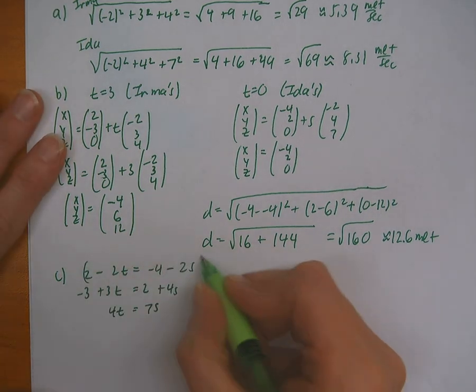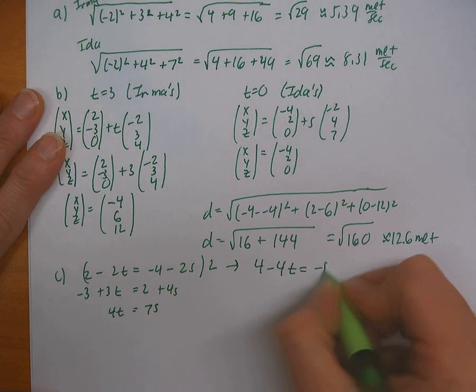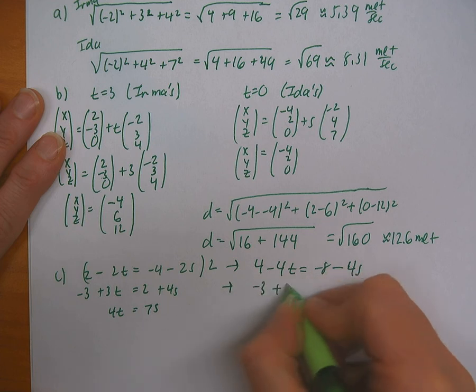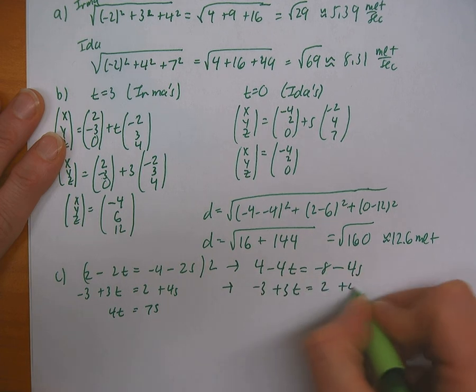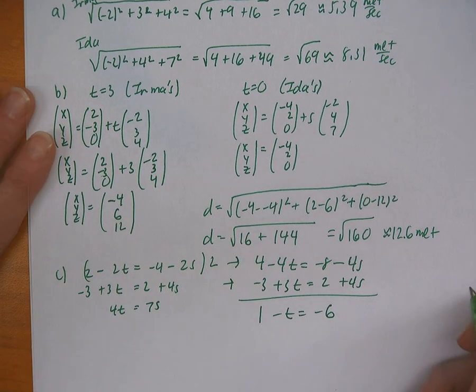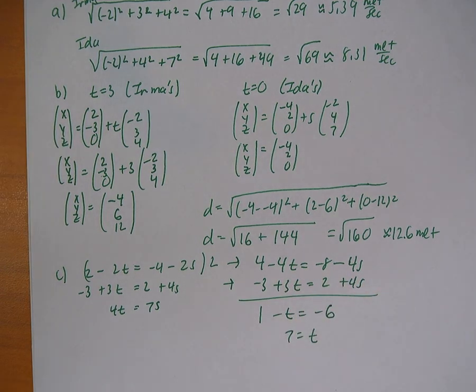I think I'm going to multiply this one by 2. Keep that one the same. And then I'll get 1 minus t equals -6. So I'll get 7 equals t. T is for whose drone?